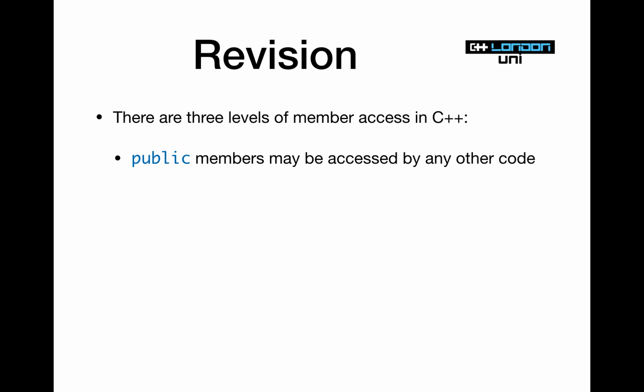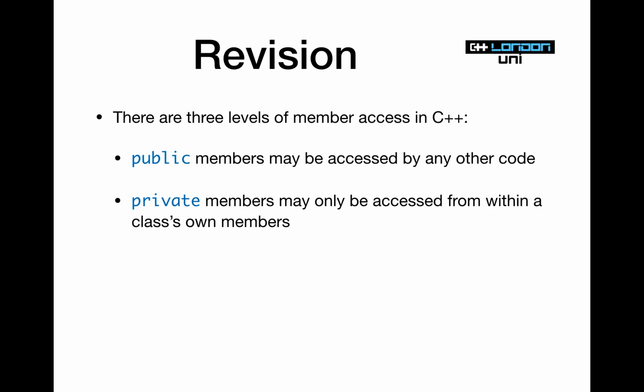Means nobody, like no code can access it other than the members within the same class. Perfect definition. Yep. So private members can only be accessed from within the member functions of the same class. So private means inaccessible to the whole of the rest of the world, except this class's own members.